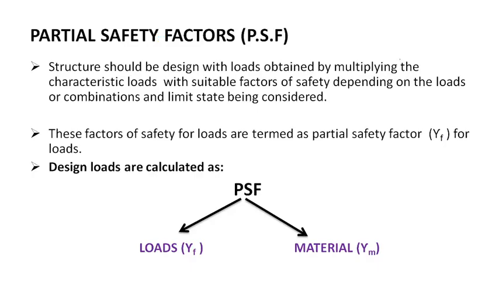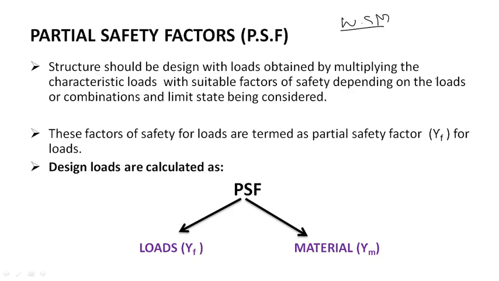The next topic is the partial safety factor. In the working stress method, first of all understand why we require partial safety factors. Remember, if you are designing structures for any environmental conditions, then you require extreme loads as well as extreme factors.